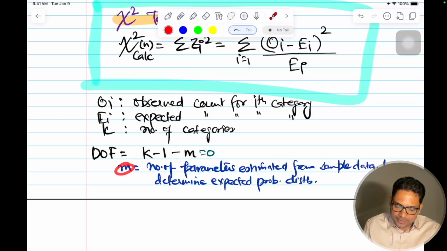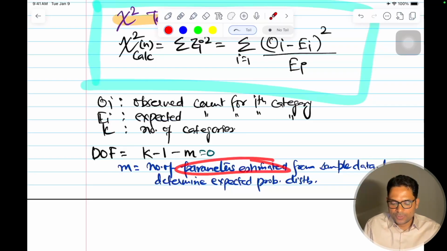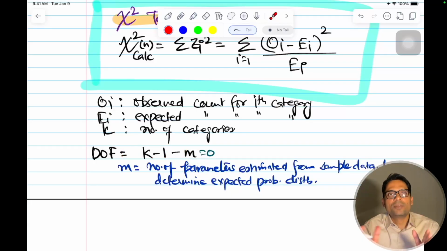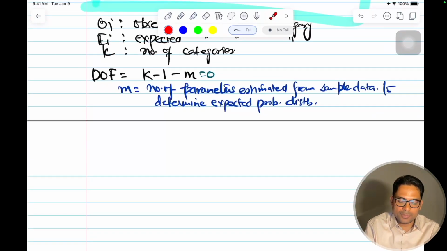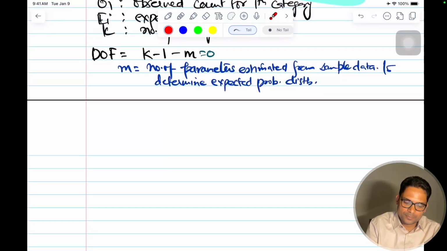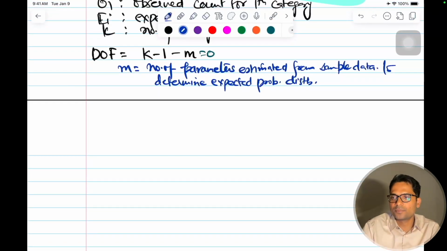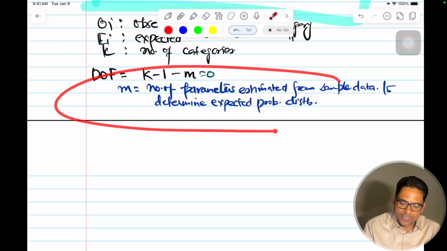Generally, this m is 0. We don't estimate any parameter, so mostly this will be 0. And then this will be the number of categories minus 1. As discussed, the degrees of freedom is the number of independent observations or data points that impact the variability of the data. So this is your chi-square goodness of fit test.